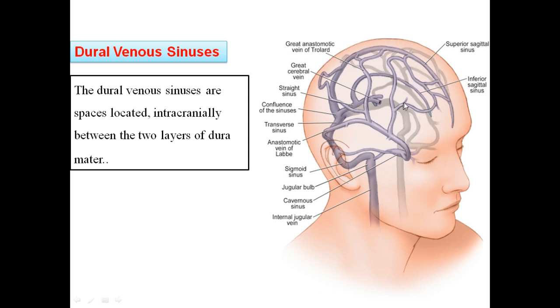All the dural venous sinuses finally terminate through the internal jugular vein, and because the venous sinuses have no walls and no muscle coat, blood can move freely from one place to another very quickly.